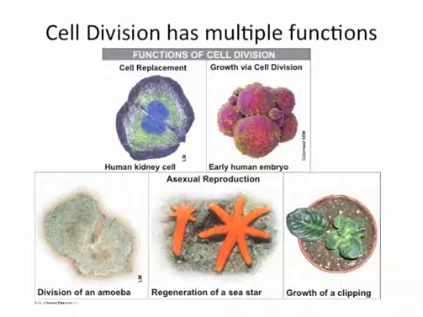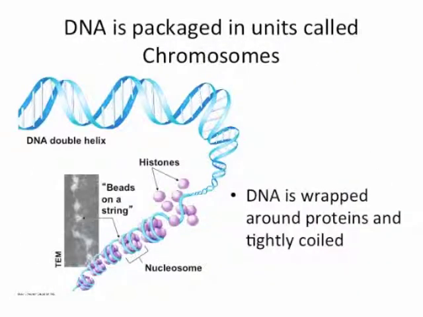So cells divide. So the first part of this chapter is all about how this happens. And one of the main things that is controlled during cell division is DNA. So DNA, which you know is found in the nucleus of your cells, is the thing that's kind of most important to get right in cell division.